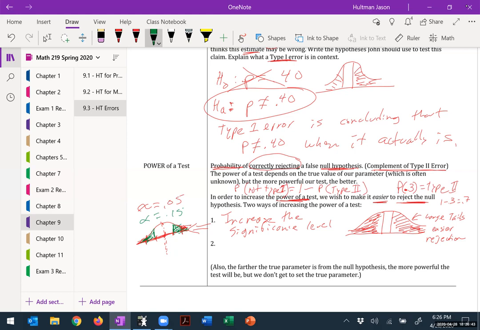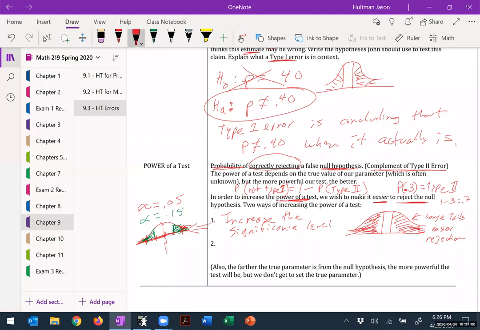Okay, so what about number 2? What else is going to give me bigger tails here? Well, let's compare 2 different graphs.